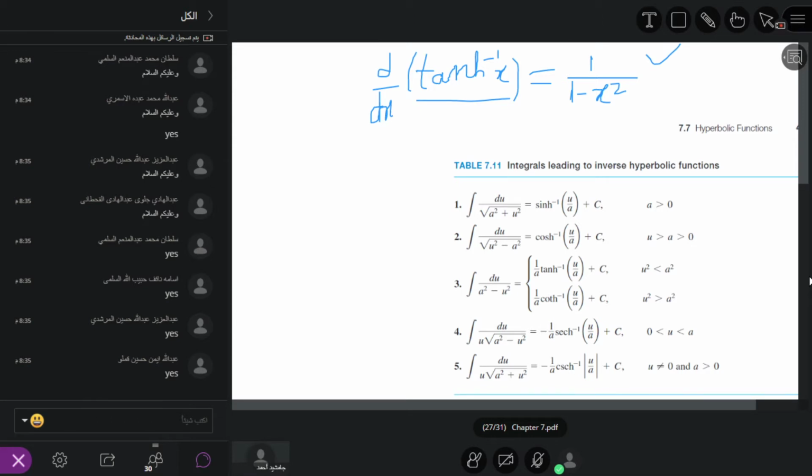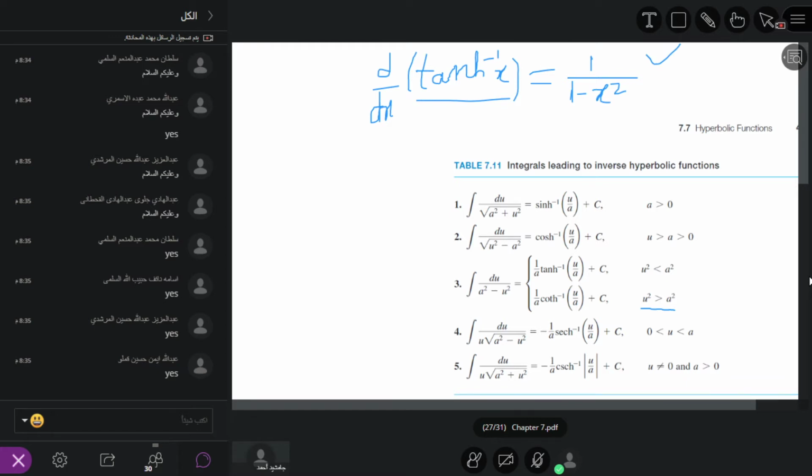But for this case, we have the following condition, that is u square is greater than a square. Previously, x square was less than a square. Now u square is greater than a square.